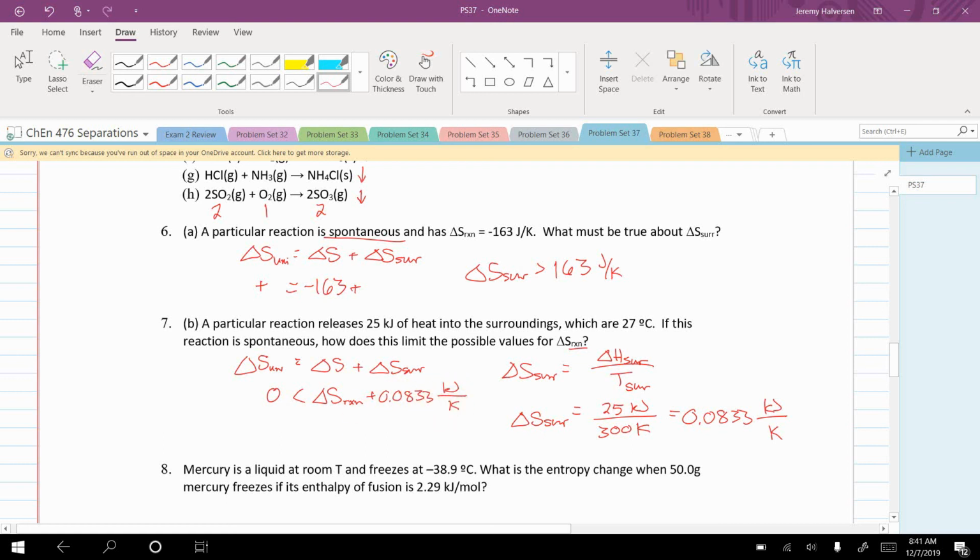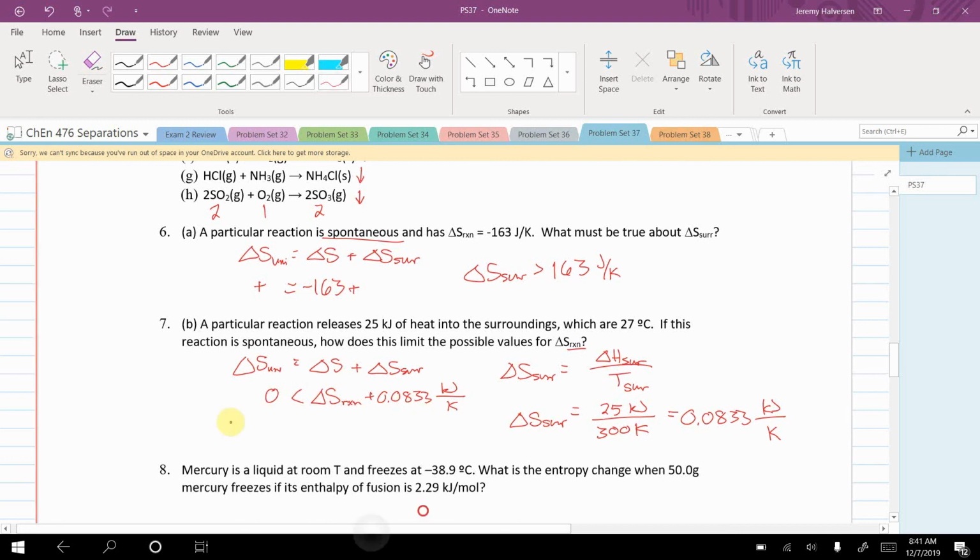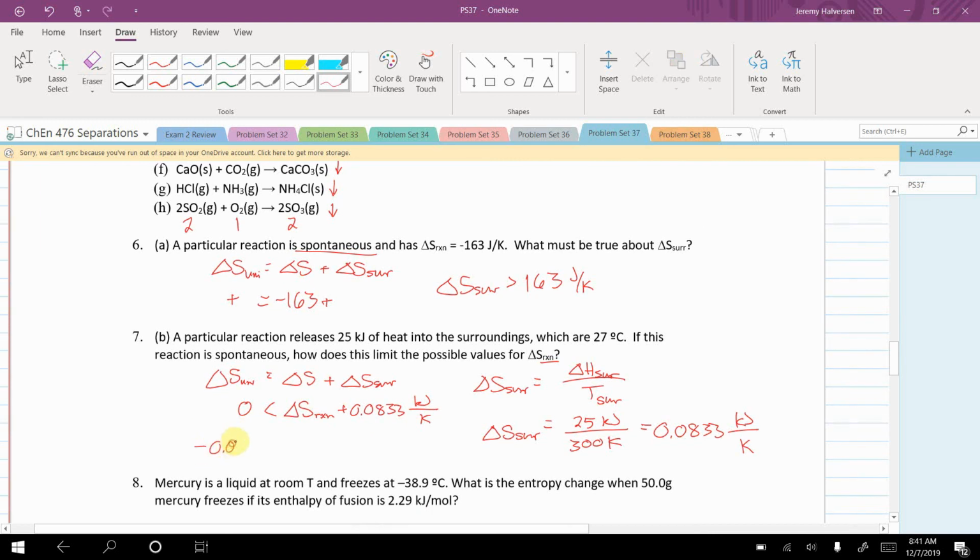So I could rearrange this inequality and subtract this over. I get negative 0.0833 kilojoules per Kelvin is less than delta S of the reaction. And that should make sense. I know that the surroundings is 0.0833, so the universe has to be positive.